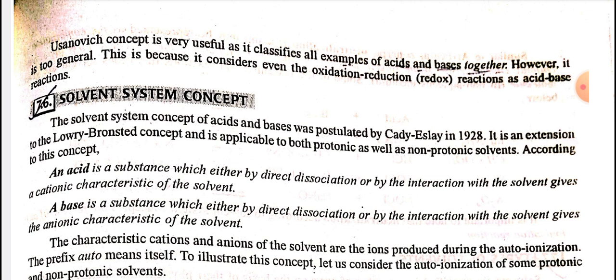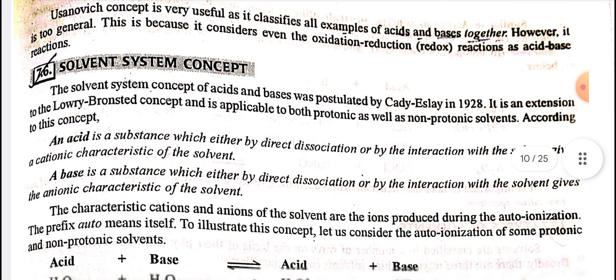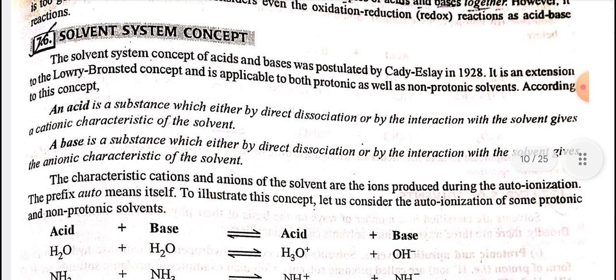Now coming on to the next wider concept, that is the solvent system concept. The solvent system concept of acids and bases was postulated by Cady and Elsey in 1928. It is an extension of the Lowry-Bronsted concept, and it's applicable to both protonic as well as non-protonic solvents. According to this, an acid is a substance which either by direct dissociation or by interaction with the solvent gives a cation characteristic of the solvent.